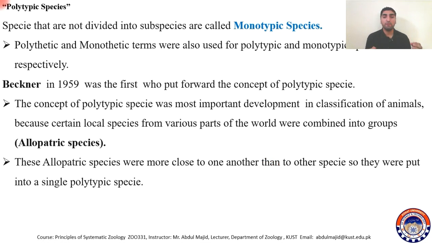So they were put in a single unit, which is known as polytypic species. Because of this polytypic species terminology, a vast number of subspecific populations were integrated into only one simple unit, that is polytypic species.